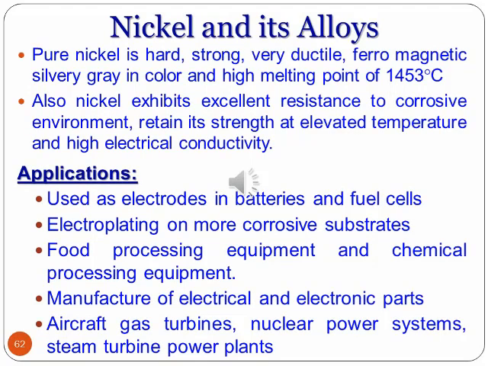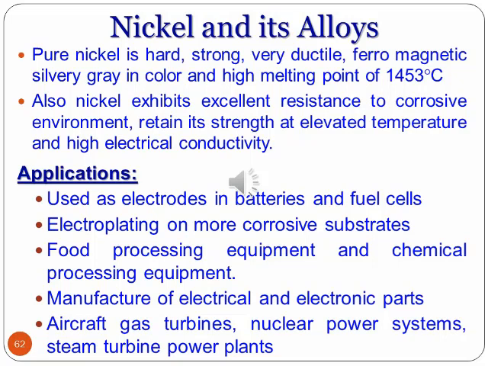Another material is nickel. Pure nickel is hard, strong, ductile, ferromagnetic, silvery gray in color, with a high melting point of 1453 degrees Celsius. It exhibits excellent resistance to corrosive environments. It retains its strength at high temperature and it has high electrical conductivity.